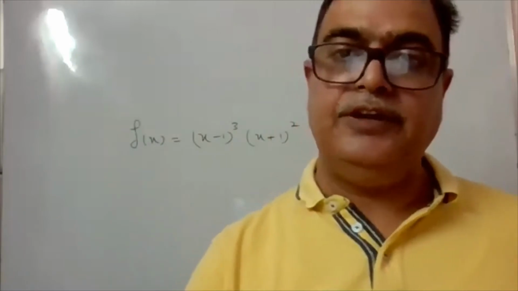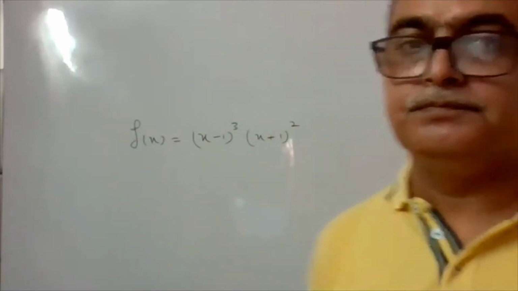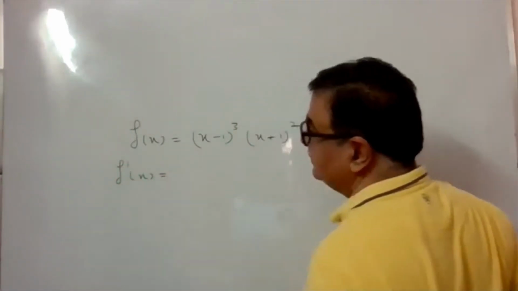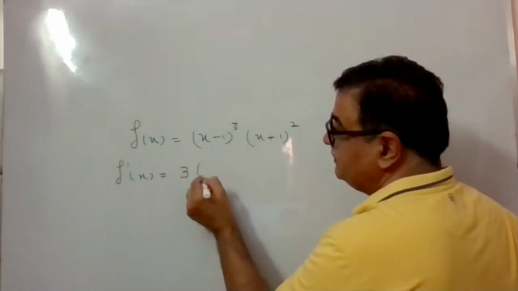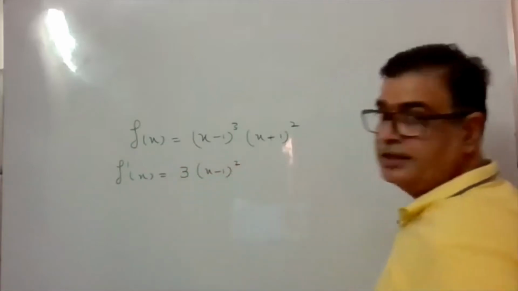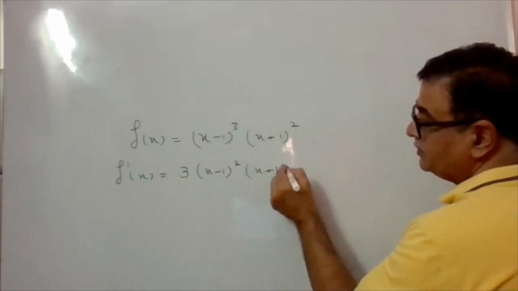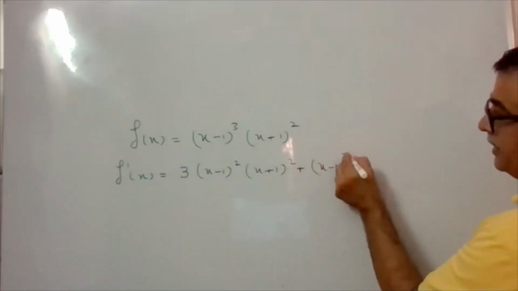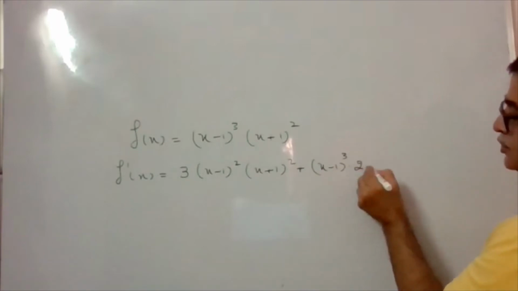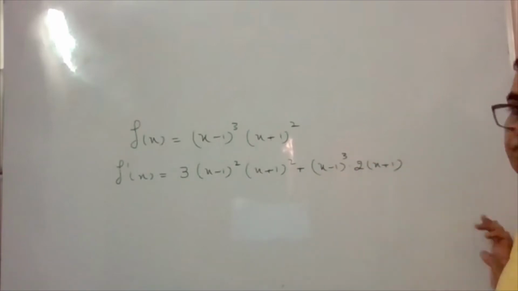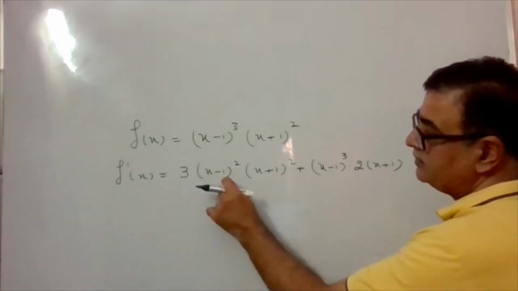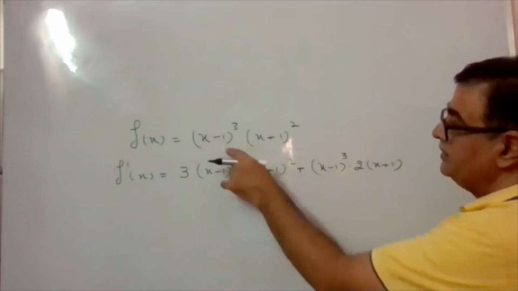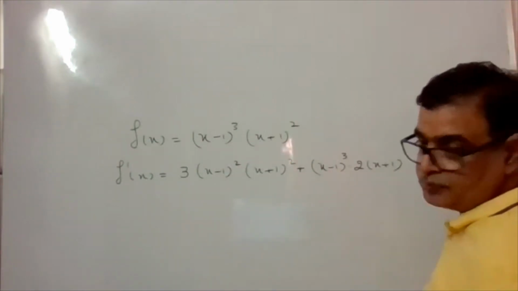First we go for the derivative. So first is f dash x. What will that come to? 3 times (x minus 1) whole square into (x plus 1) whole square. And the second one comes out to be (x minus 1) whole cube into 2 times (x plus 1). 3 times (x minus 1) whole square, (x plus 1) whole square remain as it is, plus (x minus 1) whole cube into 2 times (x plus 1).